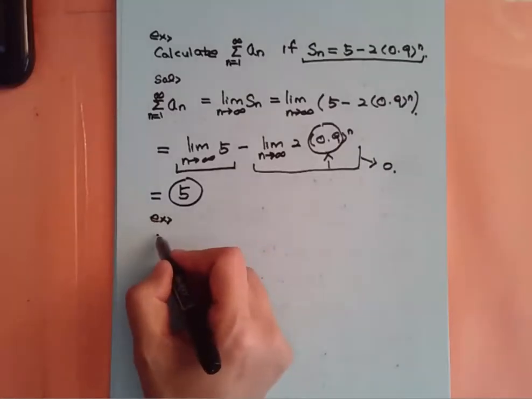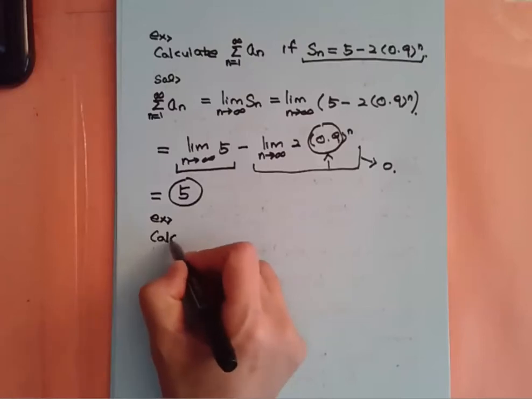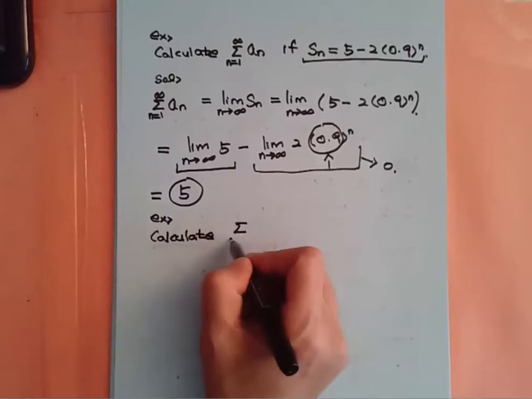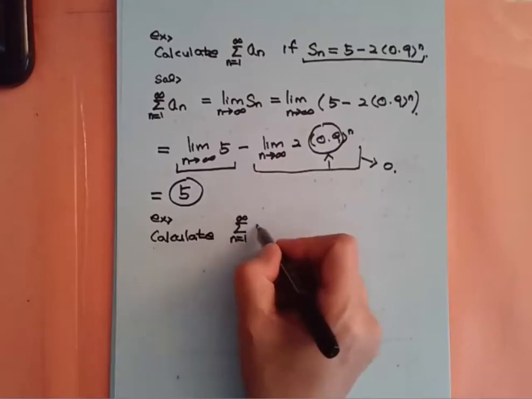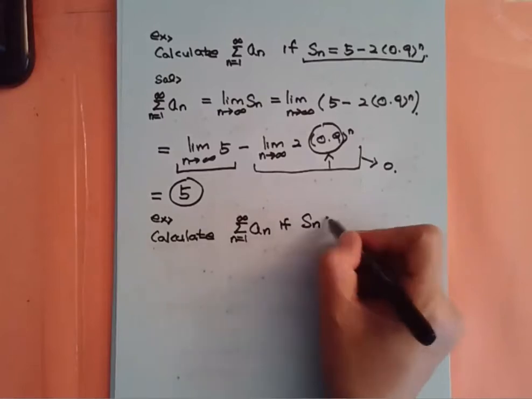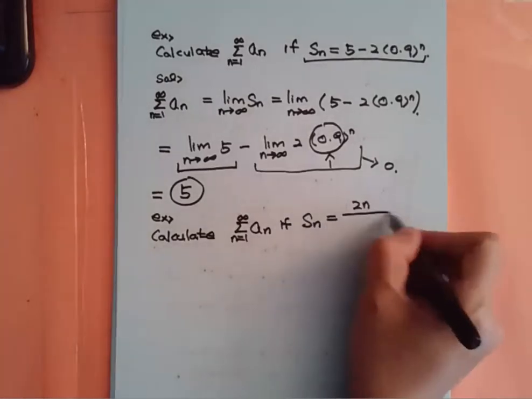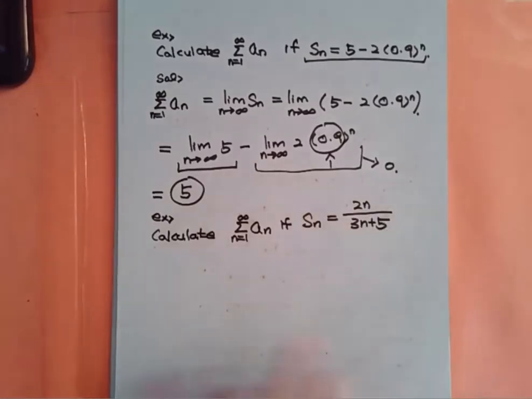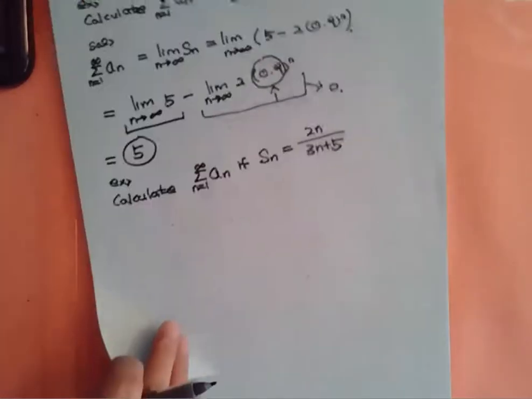The next problem is very similar. Calculate the summation from n equals 1 to infinity of a_n if Sn equals 2n over 3n plus 5.